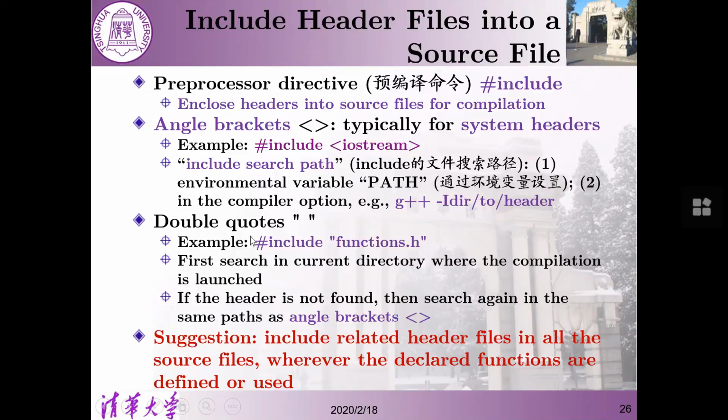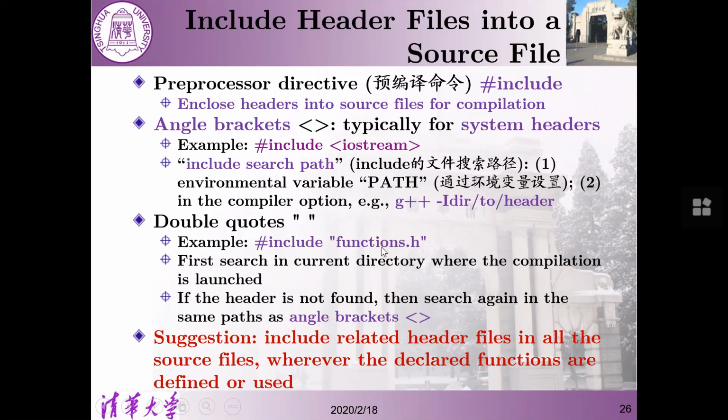Okay. And if we include some header file in this way, with double quotes, it will first search in the current directory. Current directory means where the compilation is launched. You type this compilation command in the current directory. If the header is not found, then the compiler will search again in the same path as angle brackets.